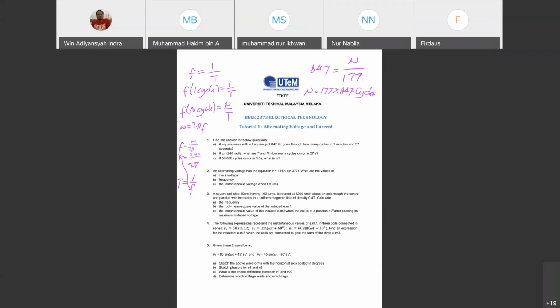The third one, N. We use this formula for N: f = n over T, right?